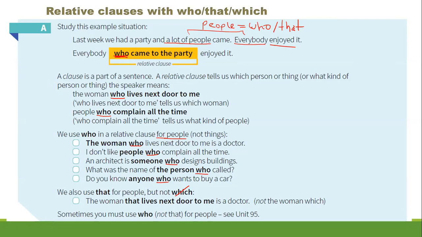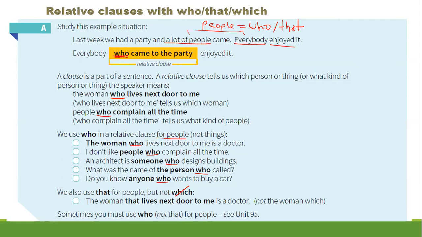Who complain all the time tells us what kind of people. Okay, and we use who in a relative clause for people, not things. The woman who lives next door to me is a doctor, for example, right? Or I don't like people who complain all the time. An architect is someone who designs buildings.